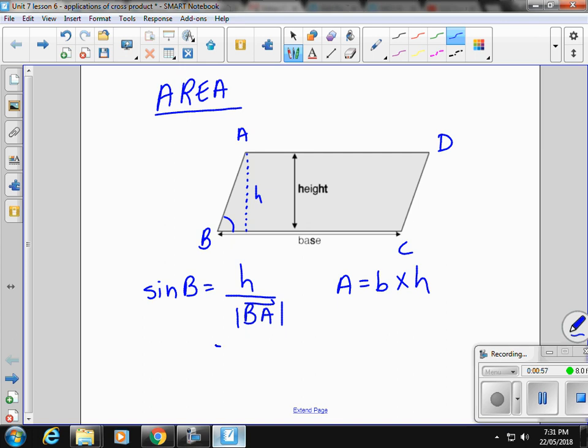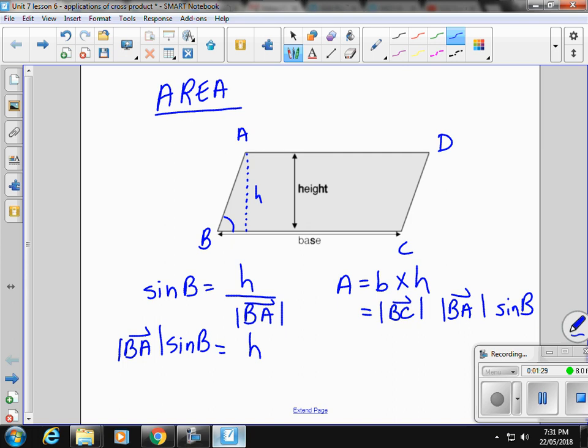So the height itself would be the magnitude of vector BA sine B. The base would be the magnitude of the vector BC, if we're thinking in terms of vectors. So base times height would be magnitude of BC times magnitude of BA sine of the angle between them.